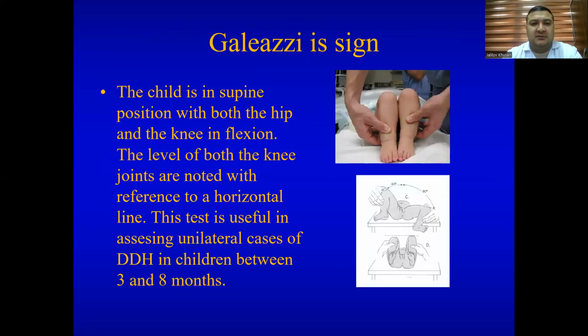Galeazzi sign. The child is in supine position with both the hip and the knee in flexion. The levels of both knee joints are noted with reference to a horizontal line. This test is useful in unilateral cases of DDH in children between 3 and 8 months.